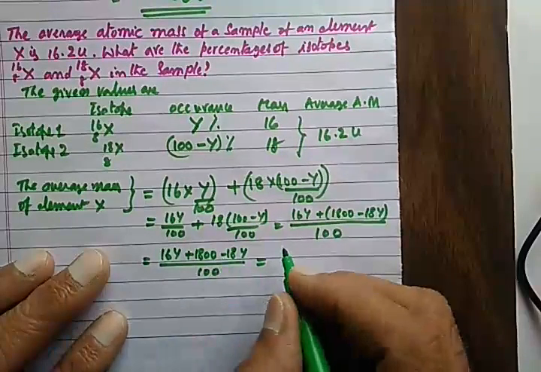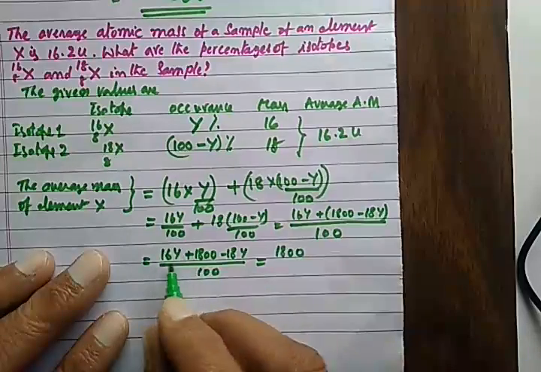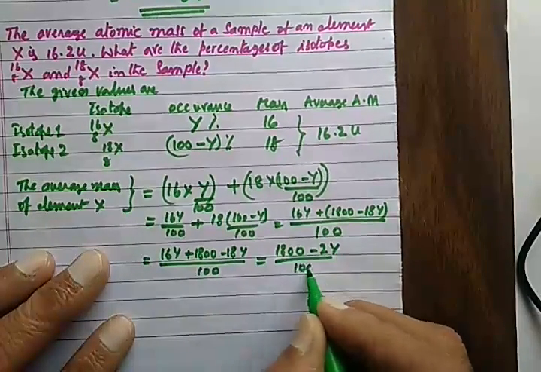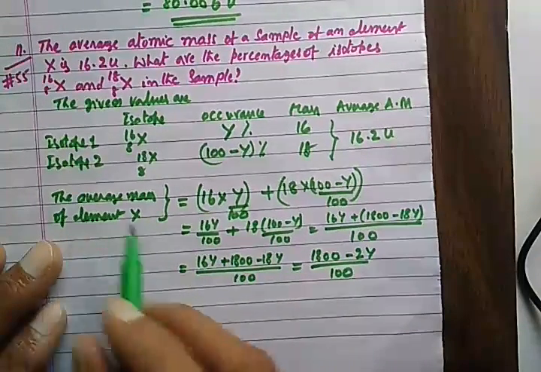So 16 minus 18 is minus 2, so first I will write this value 1800, minus 2y by 100. This side I have to fill it up. This value is given, so no worries.